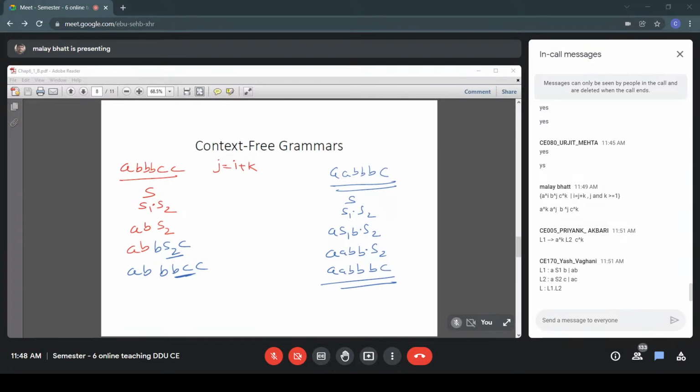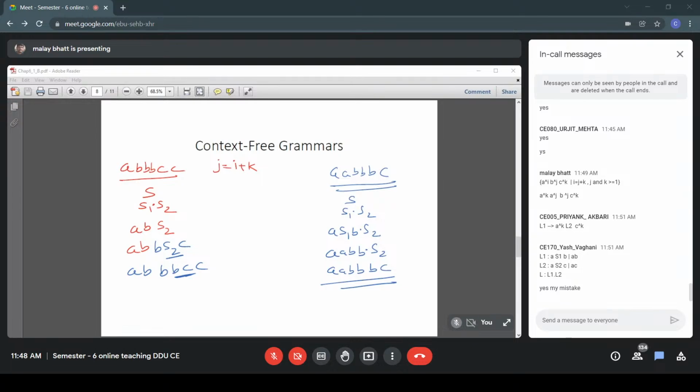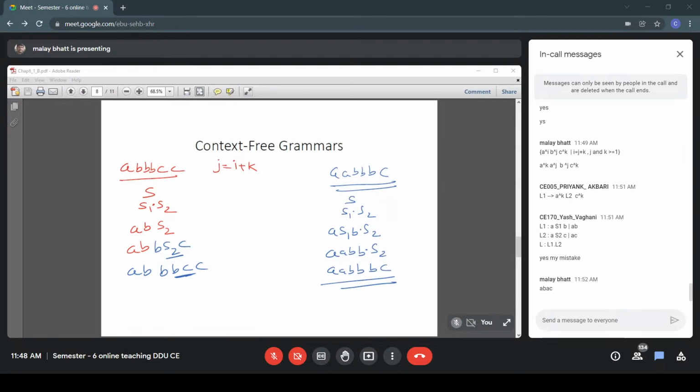No, here if you observe the pattern, you can see that the occurrences of a raised to j, b raised to j, are inside a raised to k, c raised to k. So if you do a concatenation of L1, L2, you will get a pattern like A, B, A, C. You can generate a string like this, A, B, A, C. If I do a concatenation of L1 with L2, you cannot change the order of A, B, C. All the A must be in the beginning, B must be in the middle position, and C must be at the last position.